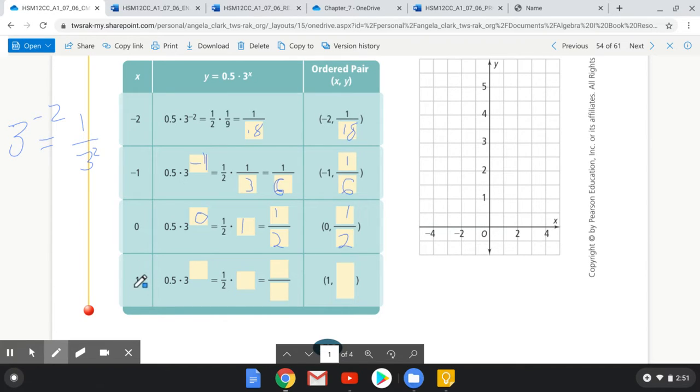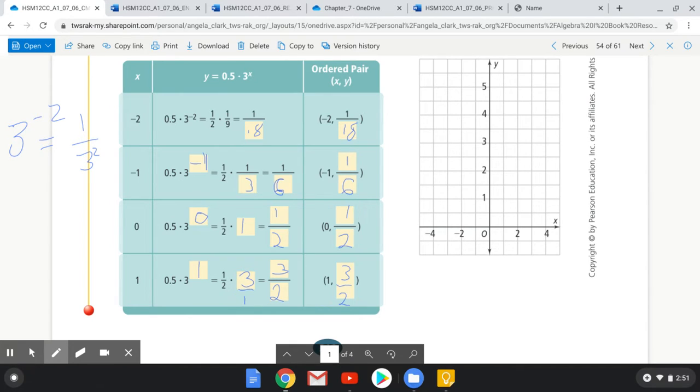And now if x is 1, we have 1/2 times 3 to the 1. 3 to the 1 is just 3, so 1/2 times 3. So we have 1 times 3 is 3, and then remember there's an invisible 1 here, so 2 times 1 is just 2. So we are going to have 3/2. So our point is 1 and 3/2. That's the point we're going to graph.